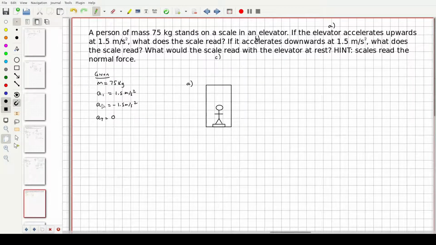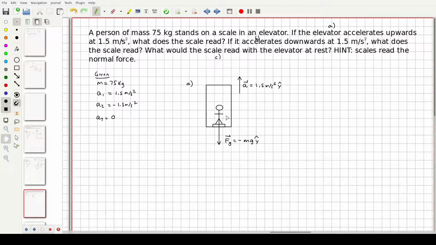In part A, the elevator is accelerating upwards, so the net acceleration is 1.5 meters per second squared in the positive y-hat direction. But the person inside the elevator still has a weight, right? So they have a weight that's down, which would be minus mg y-hat.